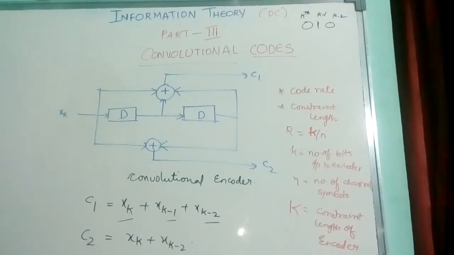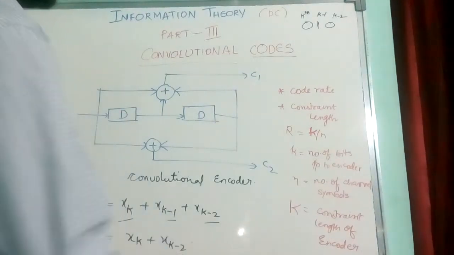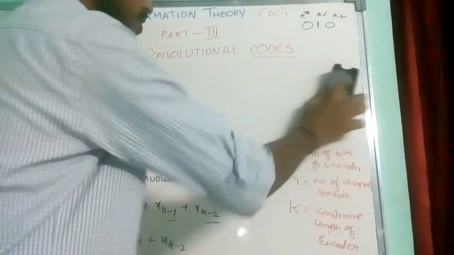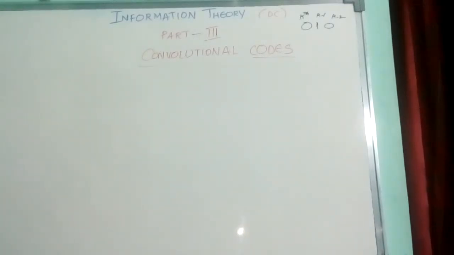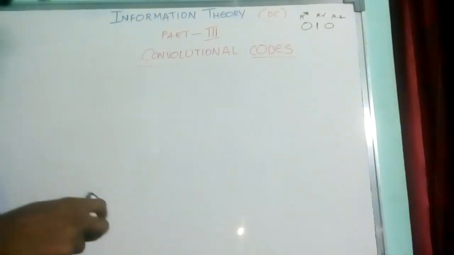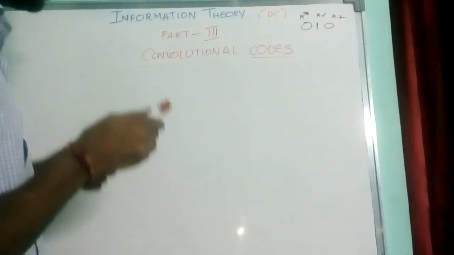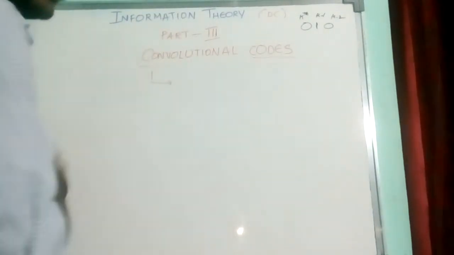Now I will go directly to the representation. Convolutional codes are widely used in satellite communication and other digital communication parts wherein there is a requirement of error detecting and controlling. They are mainly represented in three ways.